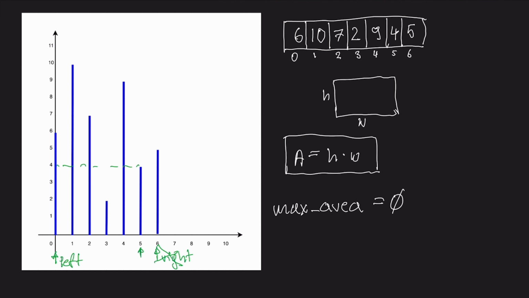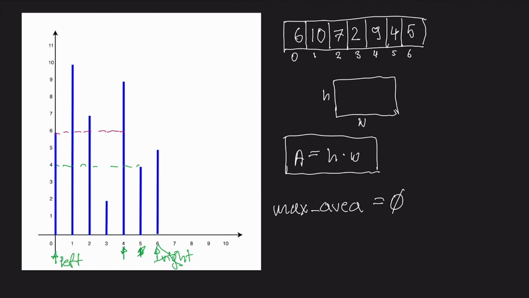In this case, the value at the right pointer is lower than the value at the left pointer, so we would again move the right pointer. We would get a new rectangle. This new rectangle would be like this, and we would compute the area, compare with the max area, and once we do that, we would move the pointer again, but this time we would have to move the left pointer because 6 is less than 9.